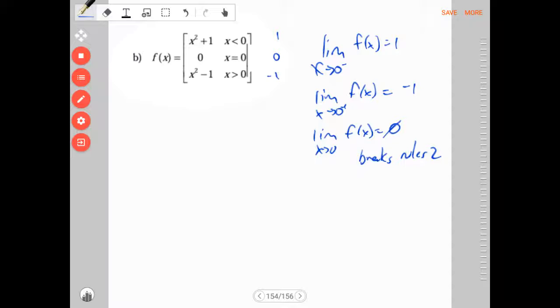And if you have a look, the function at x equals 0 equals 0. So even if the limit did exist, the function wouldn't equal it anyway. Anyways, it's a rule 2 breaker because the limit doesn't even exist, so it kind of supersedes the limit equaling the function.